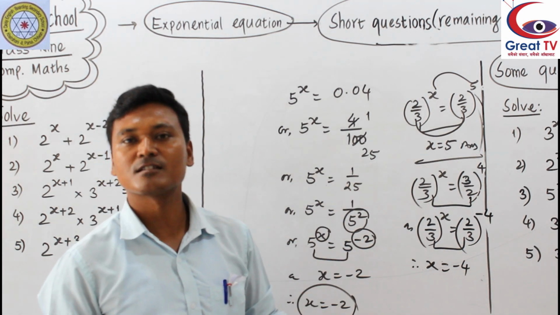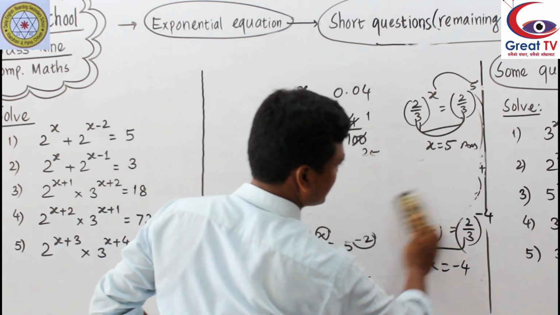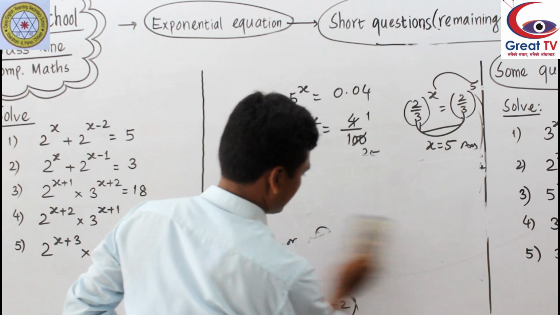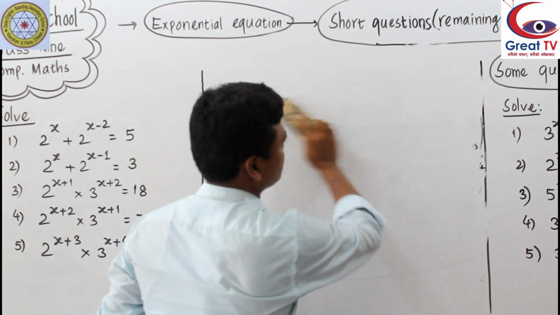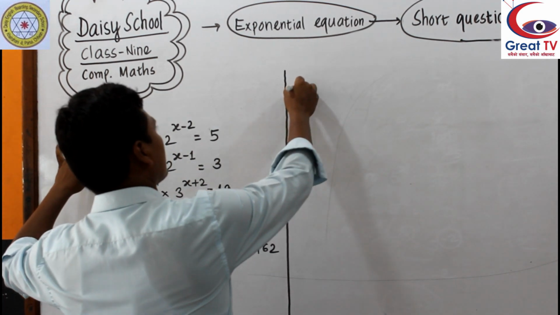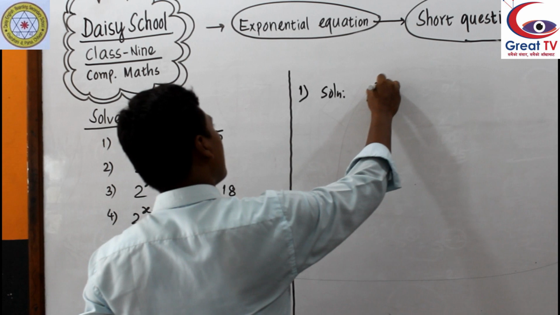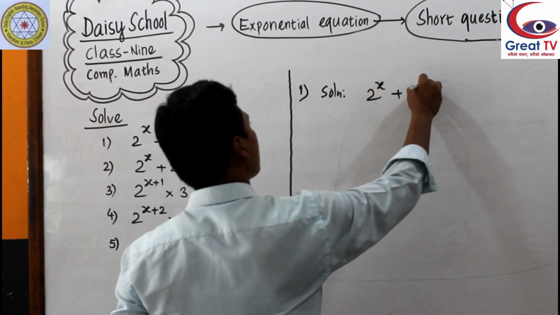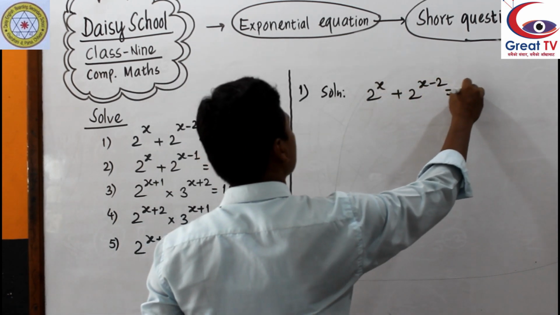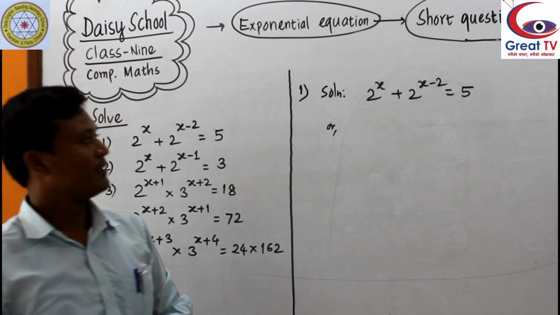So let us start today's type. Question number one, its solution starts: 2 to the power x plus 2 to the power x minus 2 equals 5.